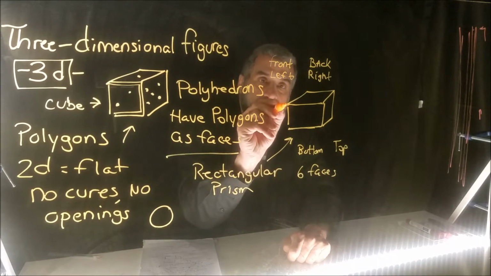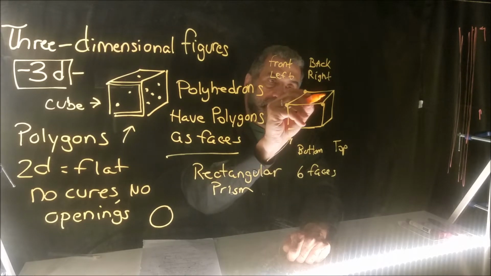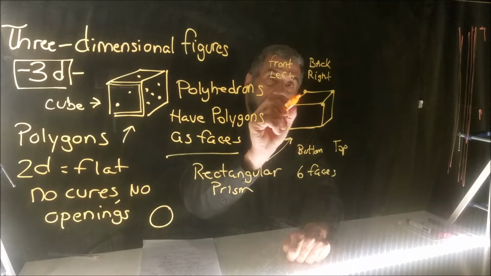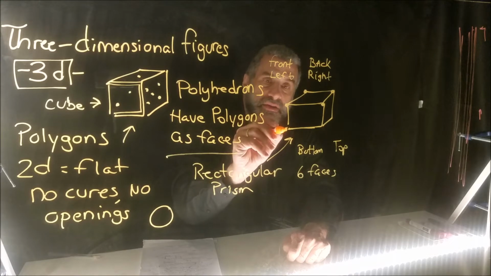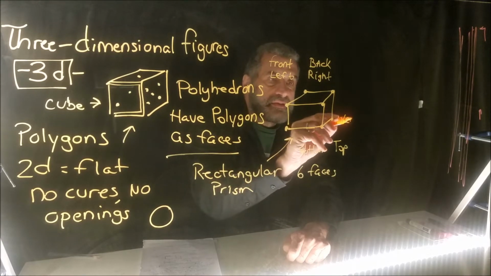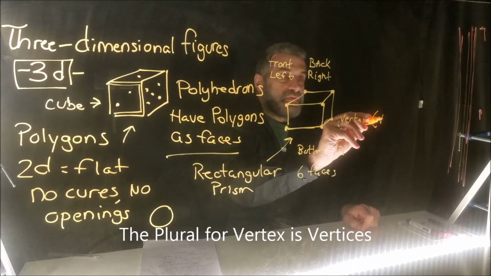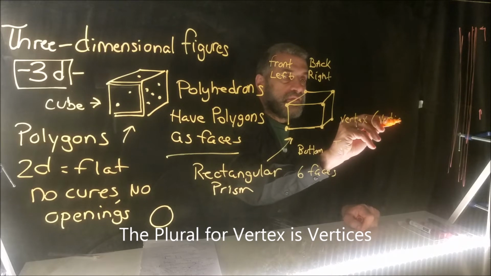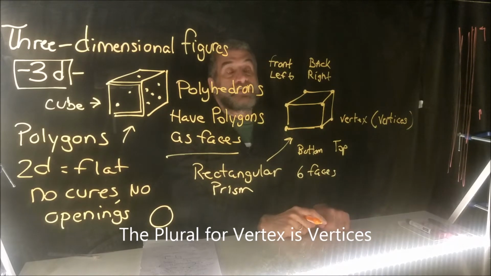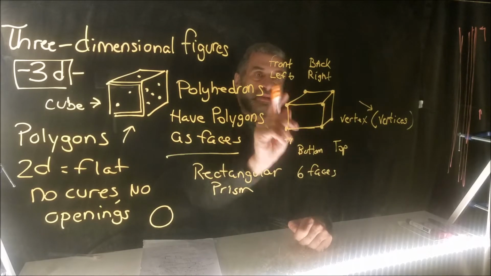Now, right over here, where the lines meet, see the lines connect. Two lines or more connect. See these little dots I'm making? Each dot is a vertex. And the plural for vertex is vertices. So how many vertices does the rectangular prism have?